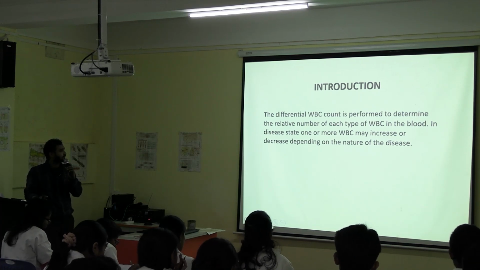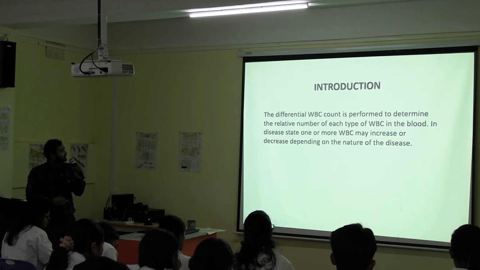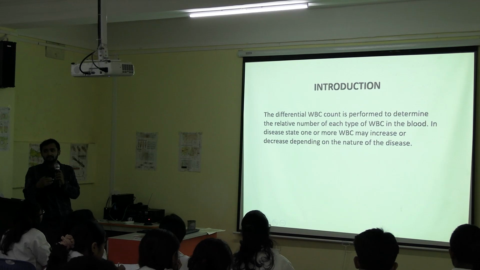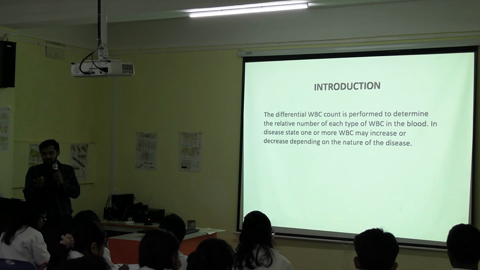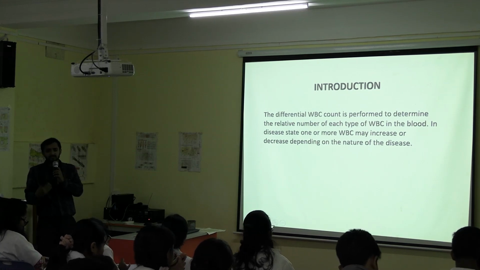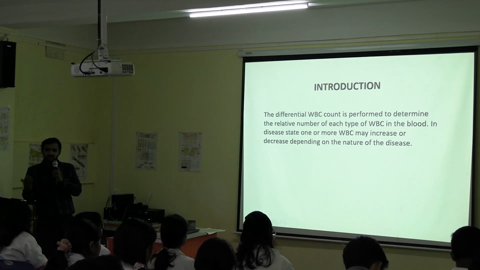There may be certain diseases where you will get an increased number of WBCs, specifically which WBCs, we will be knowing in this class, how to do the experiment, and in which cases it will be increased. It may increase, it may decrease also.